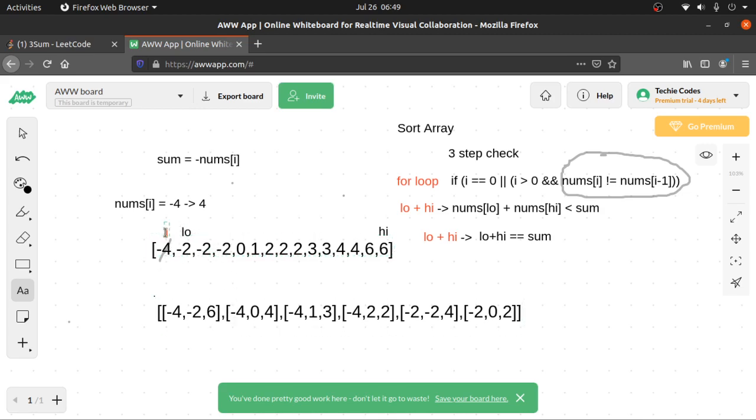So what I do is check minus 4 plus low plus high. Okay, that will give me 6. Minus 4, minus 2, 6 is a 3 sum for me. That gives me 6. So in this case, this will return what I'm looking for.